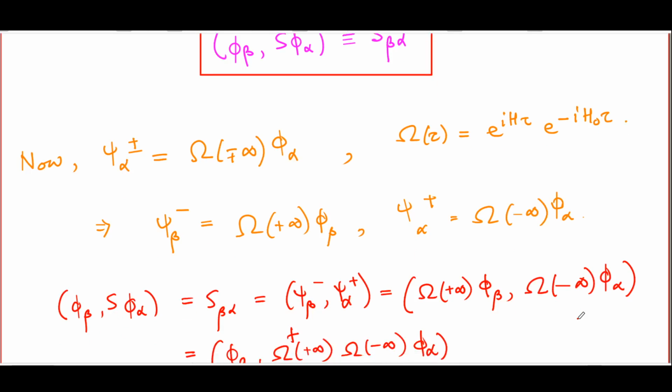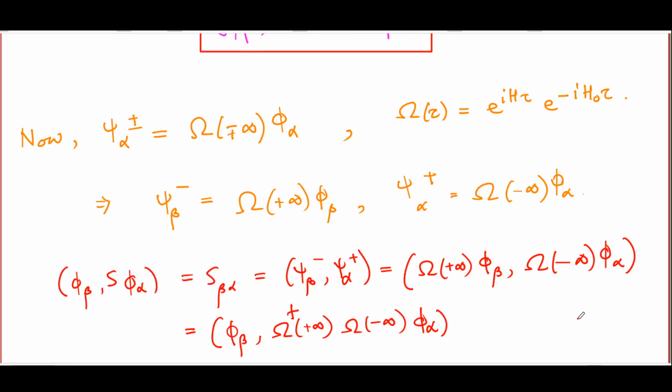We now use the definition of the adjoint of an operator to move the omega plus infinity from here onto the other vector. Of course, in the process, it changes to its adjoint, omega dagger plus infinity, and then it's multiplied by the original vector sitting there, omega minus infinity phi alpha. So note that phi beta's inner product with S phi alpha is the same as phi beta's inner product with omega dagger plus infinity, omega minus infinity acting on phi alpha.